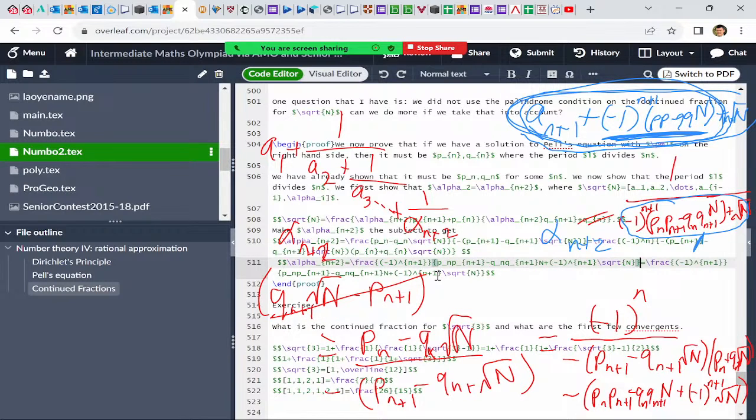Okay, so this minus 1 to the n plus 1 is actually p m plus 1 minus d n q m plus 1.